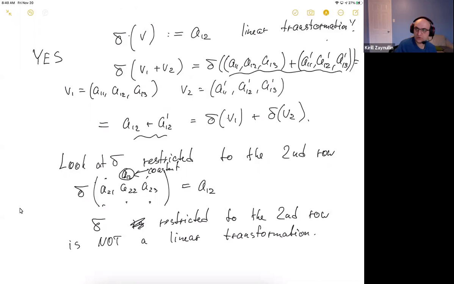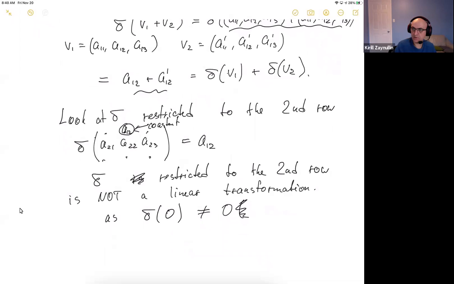Because a constant function, if this constant is non-zero, but this is the case here, because it's a general matrix, is never a linear transformation, right? The linear transformation has to preserve zero, for instance. So it's not a linear transformation as delta of zero is not necessarily zero.